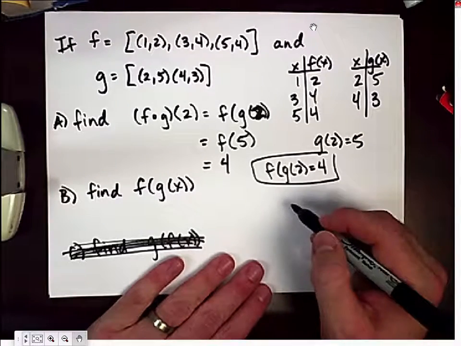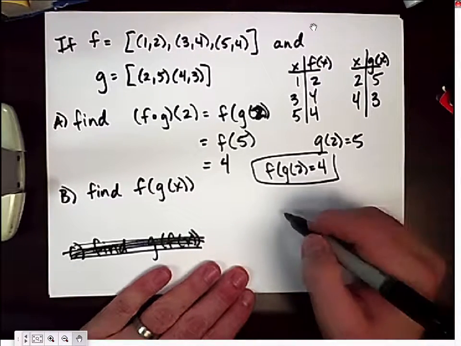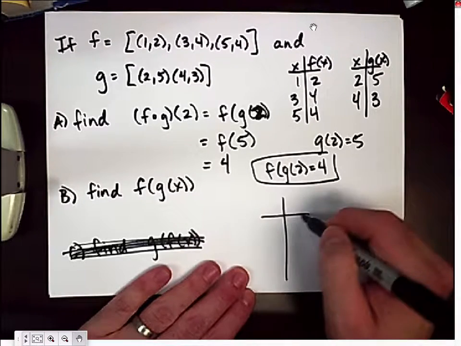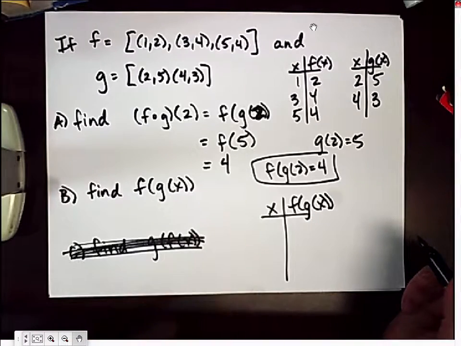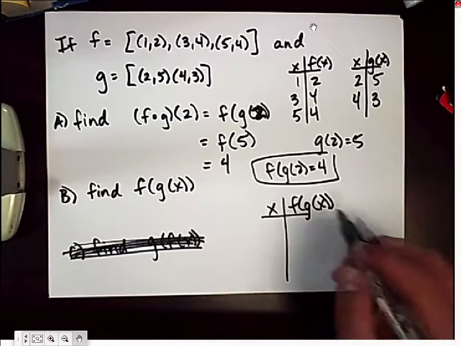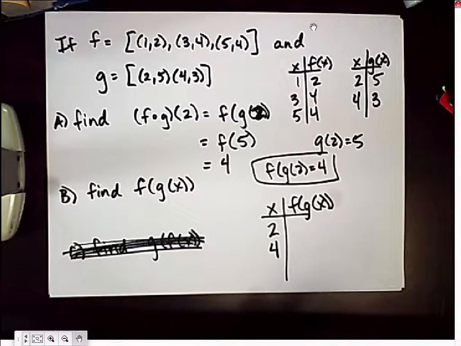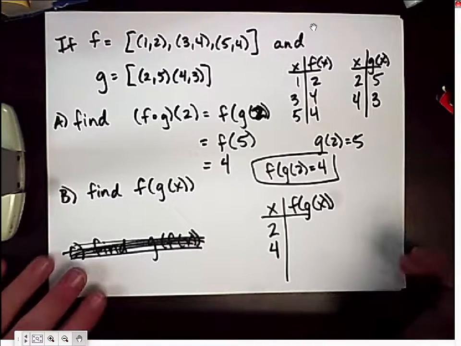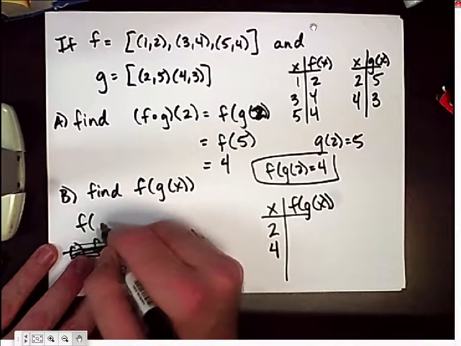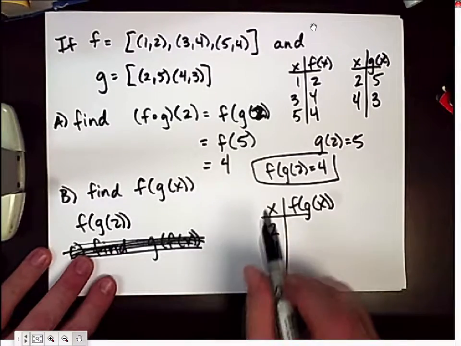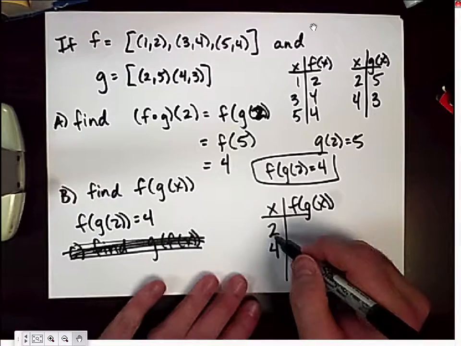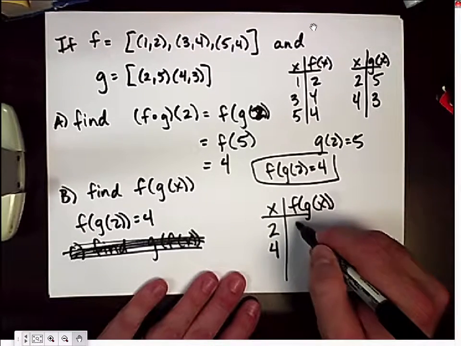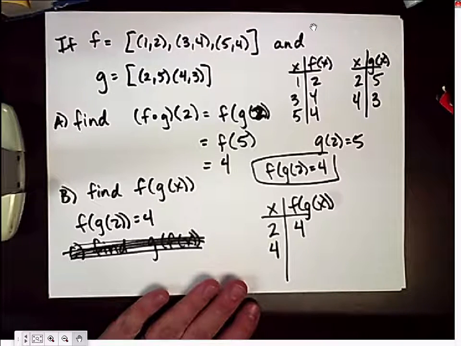2 and 4, okay? So what we're going to do is make a t-chart of x and f of g of x, okay? And we know the only two inputs are 2 and 4. So first we're going to find f of g of 2, which actually we already did. It's 4, right? So when the input is 2, the output of this composition is 4. Okay, right?